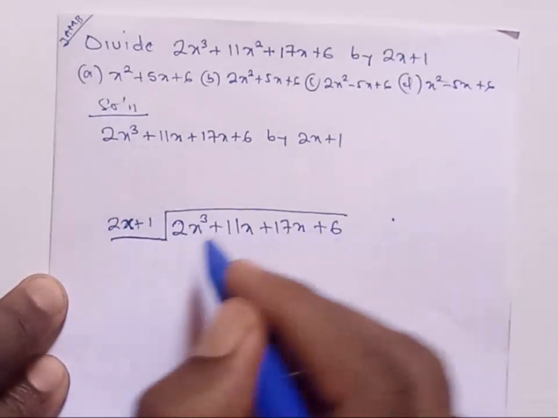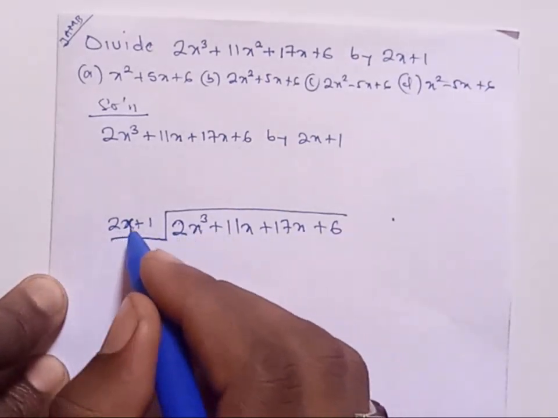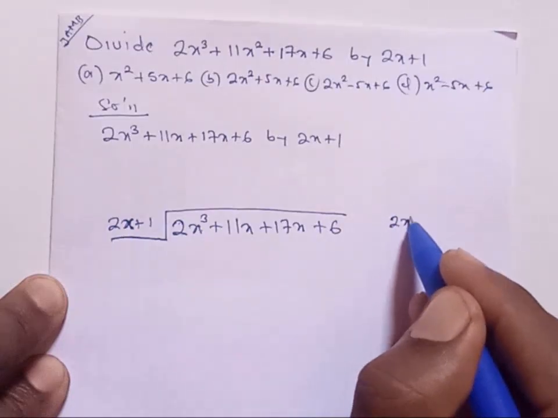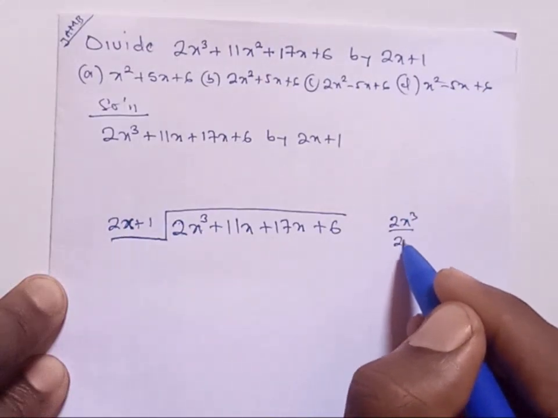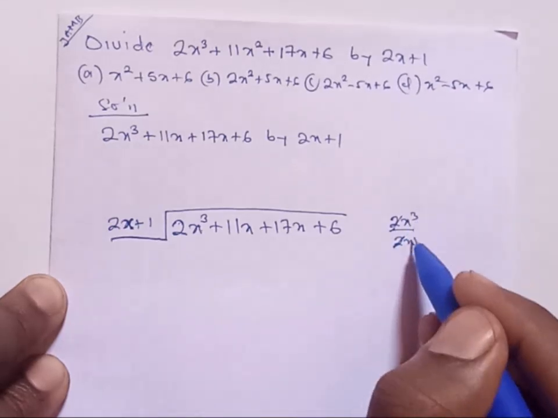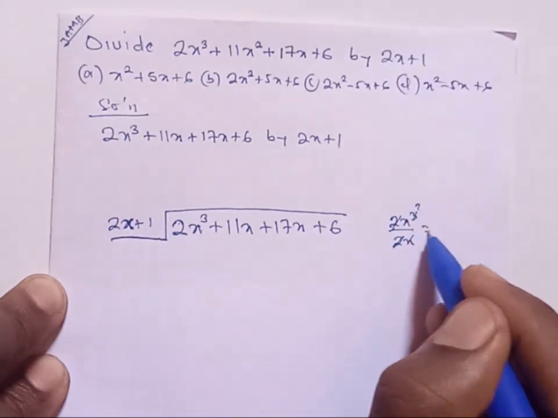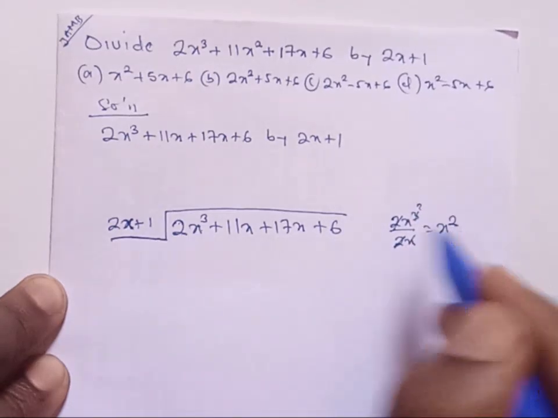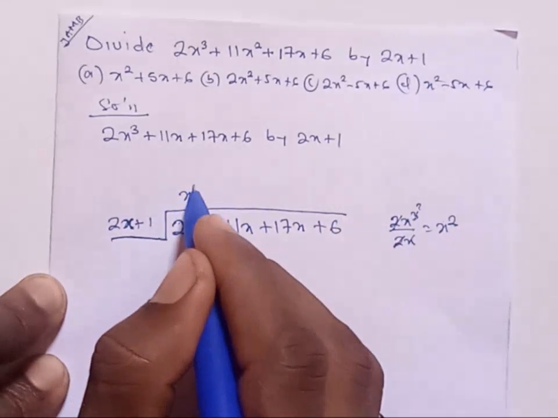So we have 2x cubed all over 2x. 2 cancels 2, x cubed over x, and we'll have x squared. So here we have our x squared.